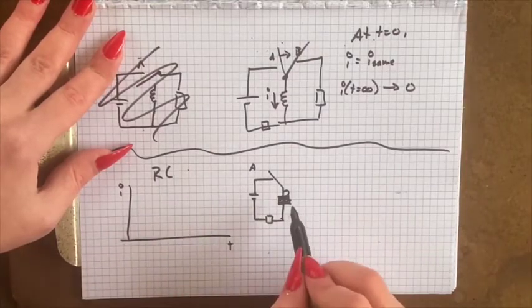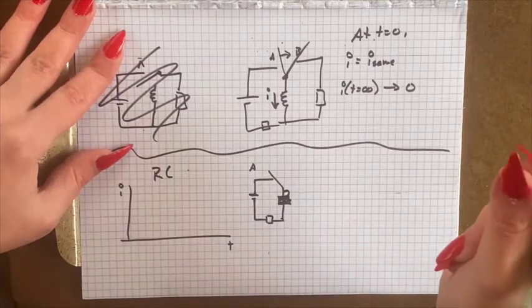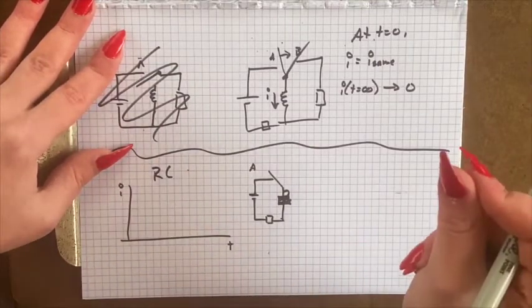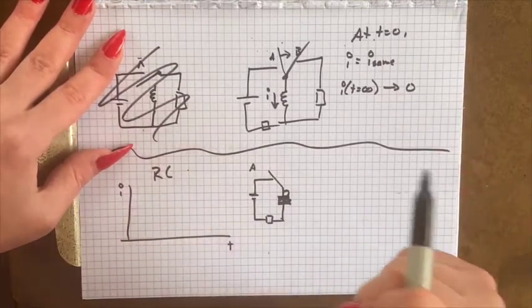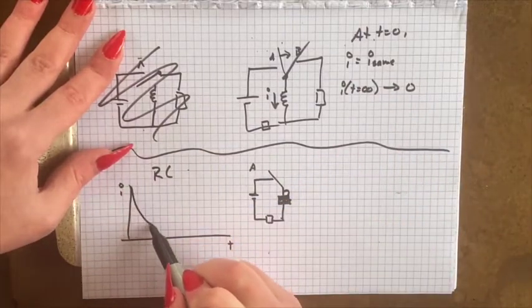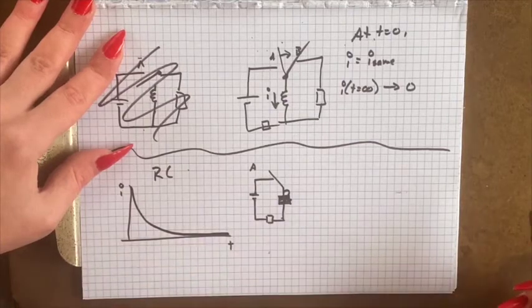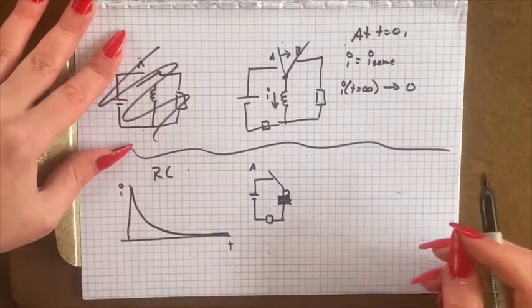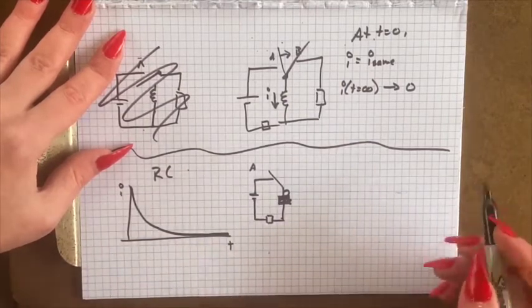In the C case, what do we notice immediately? Right when you throw the switch, the capacitor wants to take charge as fast as it can. We're going to see a maximum amount of current right away. And then as the capacitor fills, it chokes off the delivery because it can't take anymore. So why would we keep delivering?